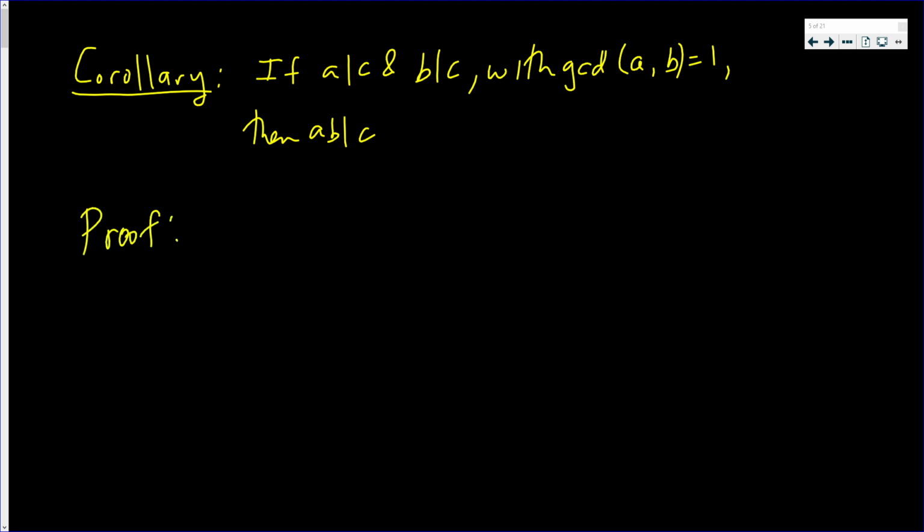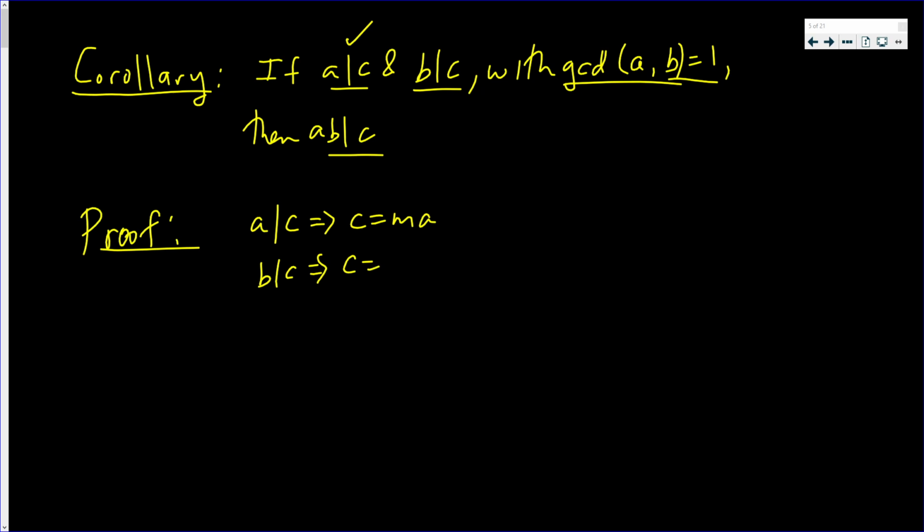The next one is nice. So let me write the proof. It says that if A divides C and B divides C and the GCD of A and B is 1, then AB divides C. Well, let's just go by definition. A divides C implies C is a multiple of A. Got that one. B divides C implies that C is a different multiple of B. We got that.